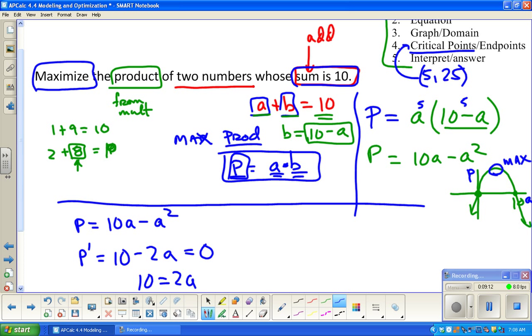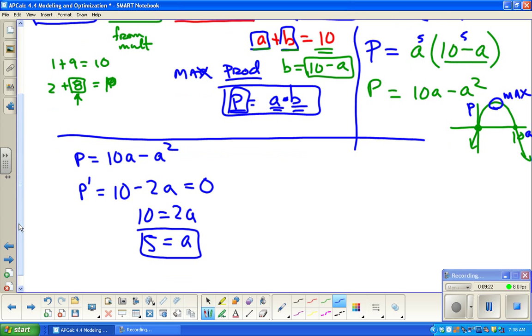So I have the critical points. There are no endpoints because the domain is all real numbers and there's no reason to limit myself. And I need to interpret the answer. Maximize the product. So the maximum product is 25.